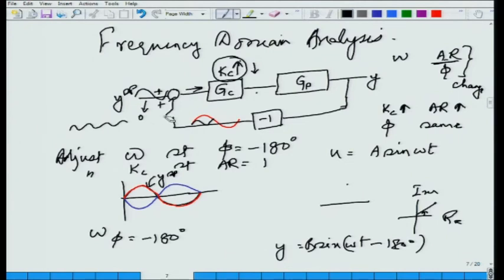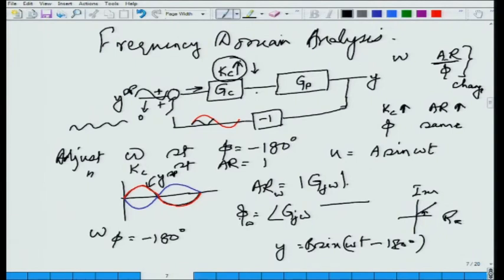Because it was not closed, the amplitude ratio is given by AR equal to the magnitude of g j omega at some frequency omega, and phi is equal to the angle of g j omega at that frequency.